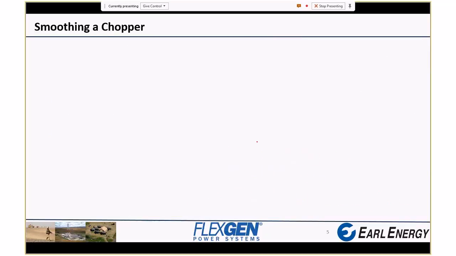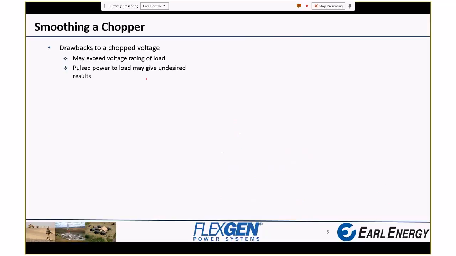So I think I wrote some of this stuff down. Okay, there we go. So some of the drawbacks were you may exceed the voltage rating of the load, and kind of what Will was getting at, pulse power to the load may give undesired results in that it may turn off. Another thing is, say it was a DC motor and you're pulsing it.